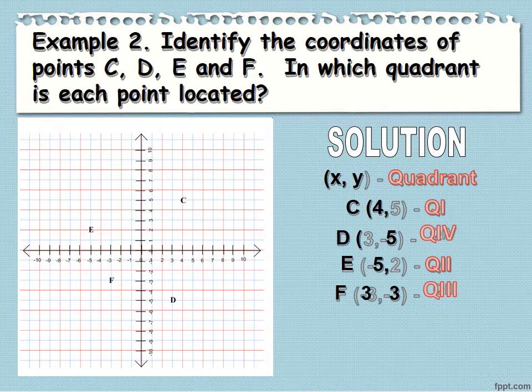D is (3, -5). It's in quadrant 4. E is (-5, 2). It's in quadrant 2. F is (-3, -3). It's in quadrant 3.